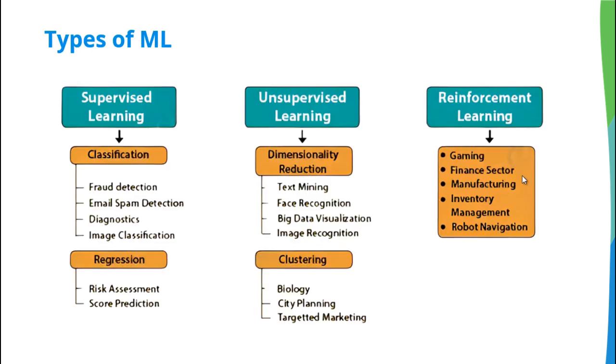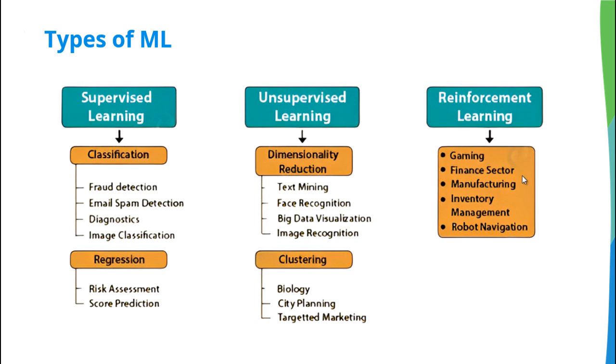We have types of machine learning. We have supervised learning, which could be classification or regression. Examples of classification are fraud detection, image spam detection, diagnostics, image classification. We have regression, risk assessment, score prediction. We have unsupervised learning, which is sometimes called dimensional reduction. We have text mining, face recognition, big data visualization, and image recognition.